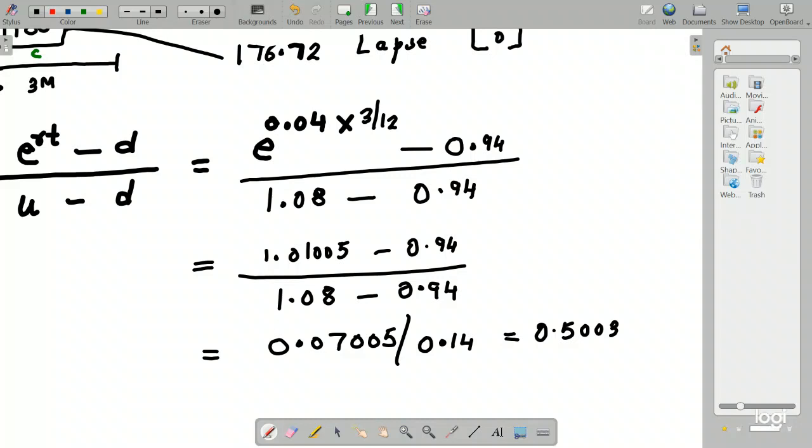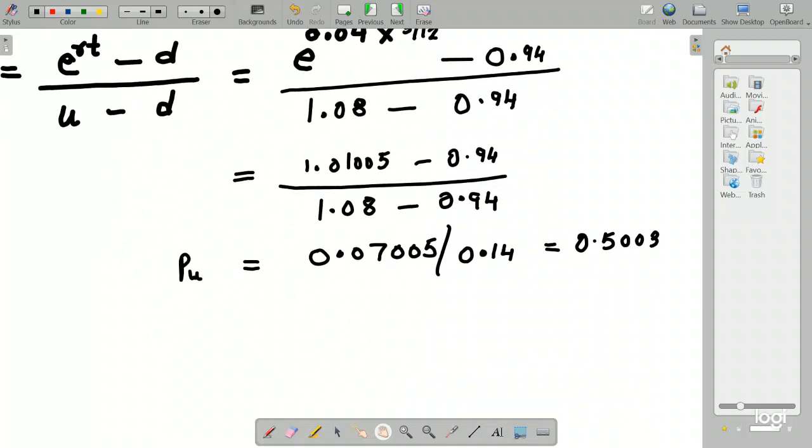So this is the probability of what? Upward trend. Okay. So probability of upward trend. Similarly, I need to calculate the probability of downward trend, and this is 1 minus PU, probability of upward trend.